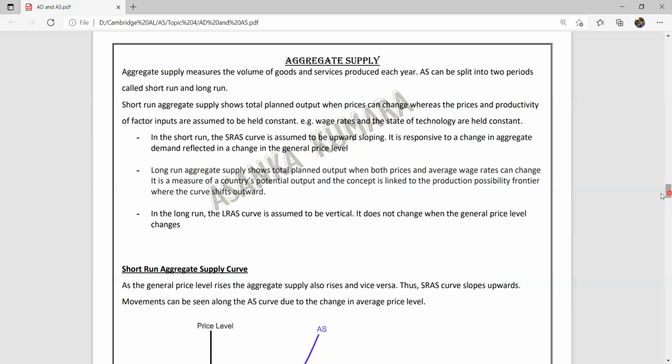Factor cost, we can say wages, and productivity are assumed to be held constant. So it says that in the short run, the wage rate and the state of technology are held constant.